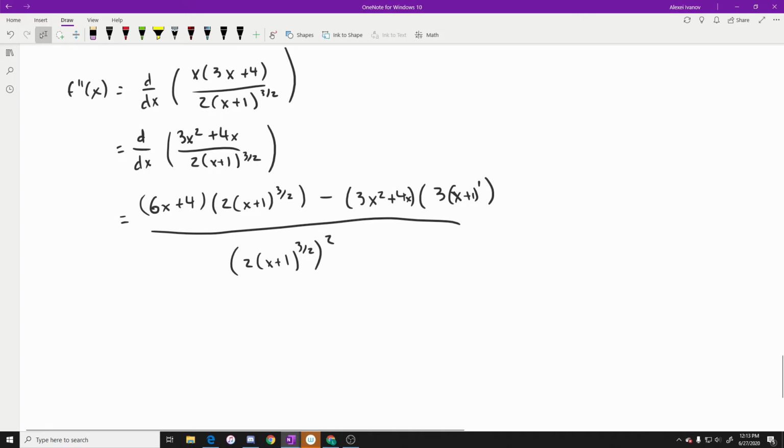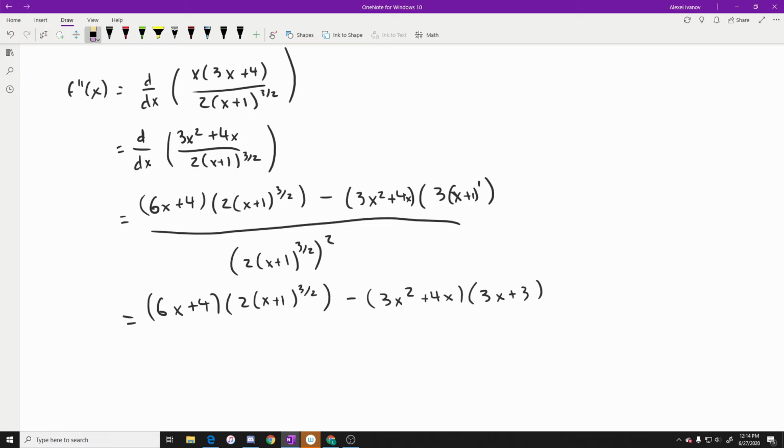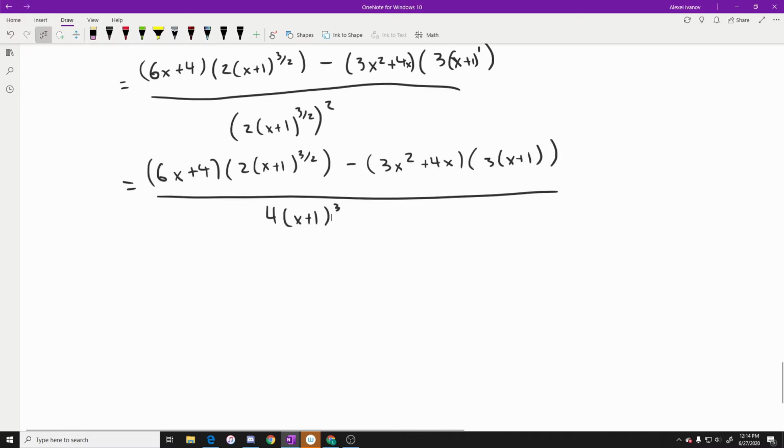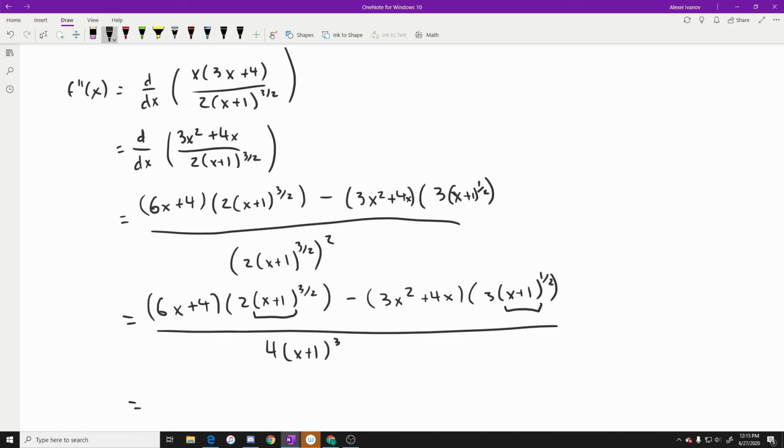So there we go, we've applied quotient rule, and now we are going to simplify. So now if we notice, we have common factors in the numerator, and I'm going to go ahead and factor them out. Made a little mistake here, I just caught it. This should be to the power of a half, and this should be to the power of a half. But I'm going to stay on the same step. I'm just going to factor out the common factors.